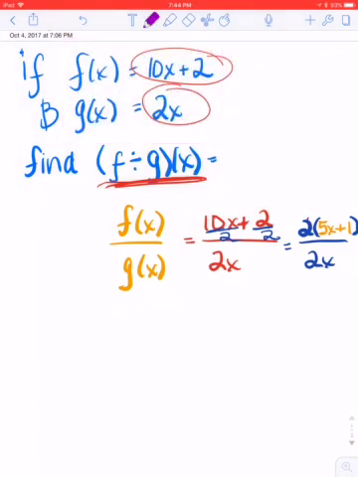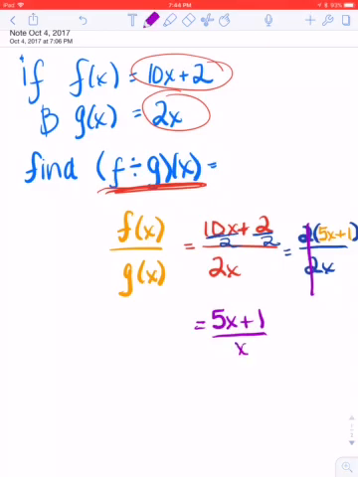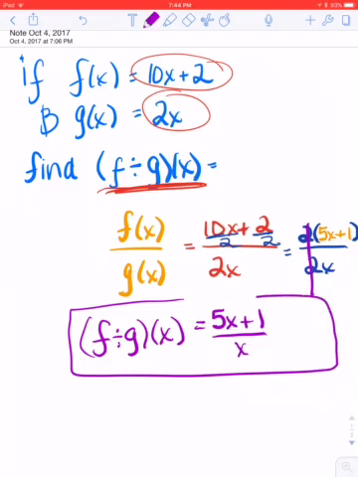Okay, now I can see these two match, so I can draw a line through them and those cancel out, which means I'm going to be left with 5x plus 1 on the top, and on the bottom, I'm going to be left with x. So if I do my appropriate notation over here, this is going to be the first part of my problem.